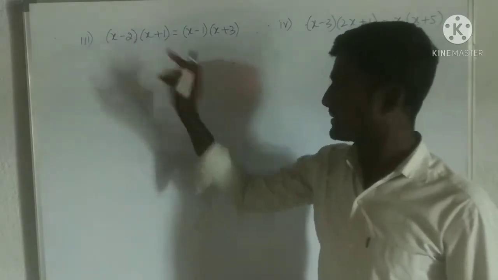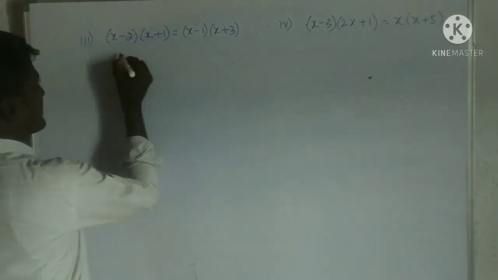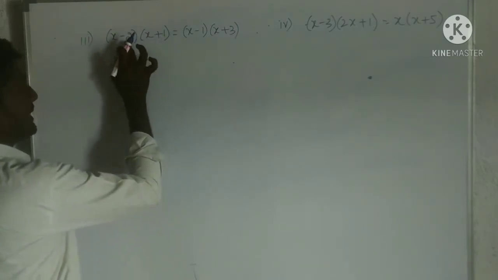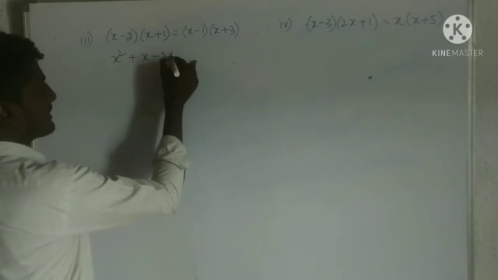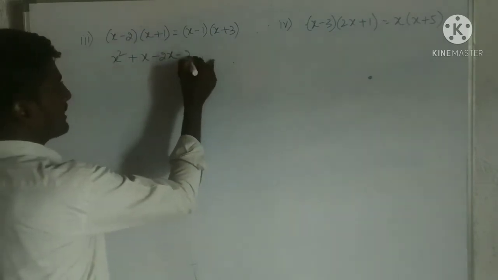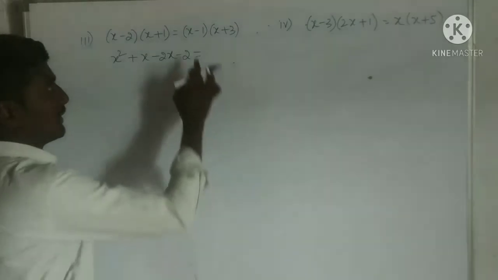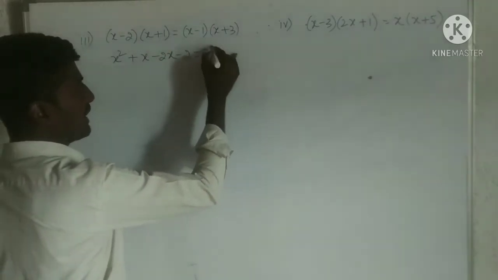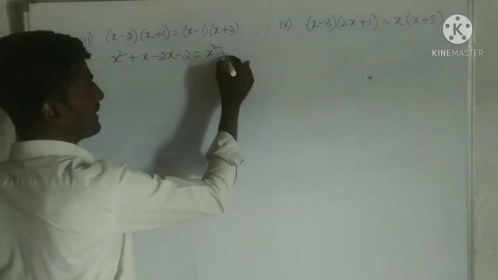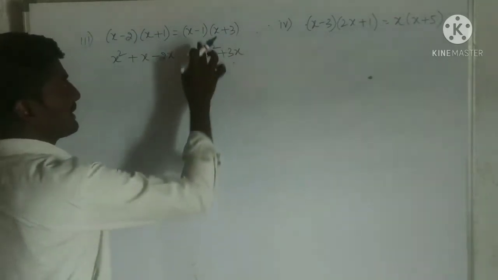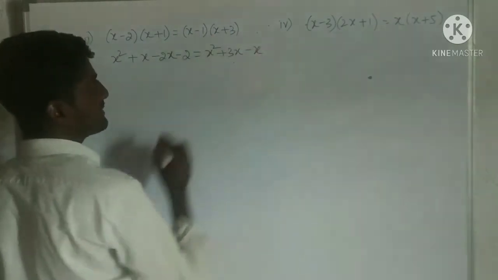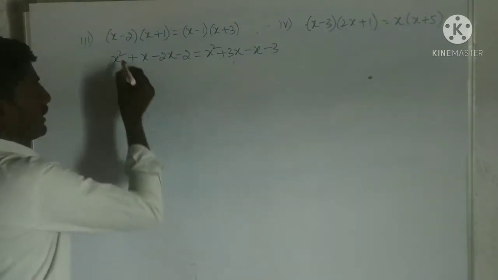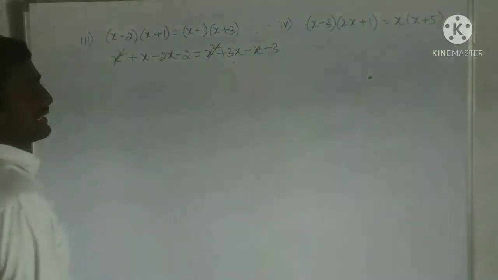Now multiply the LHS, x into x, it is x square, then x into 1, that is x, minus 2 into x, that is minus 2x, minus 2 into 1, it is minus 2, is equal to. Now first multiply x with these two terms: x into x, x square, x into 3 is plus 3x, then minus 1 into x, minus x, minus 1 into 3, that is minus 3. Now x square will get cancelled.